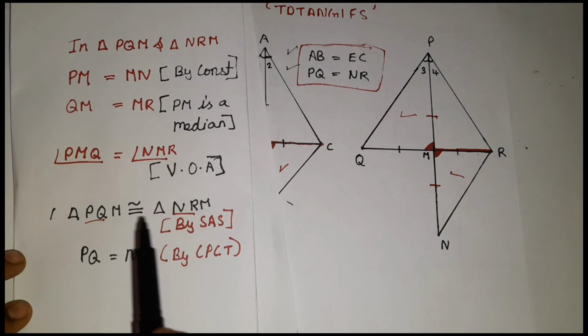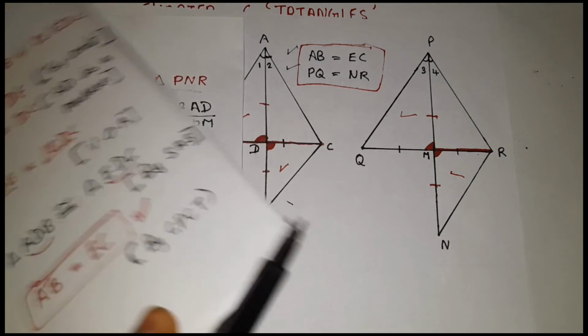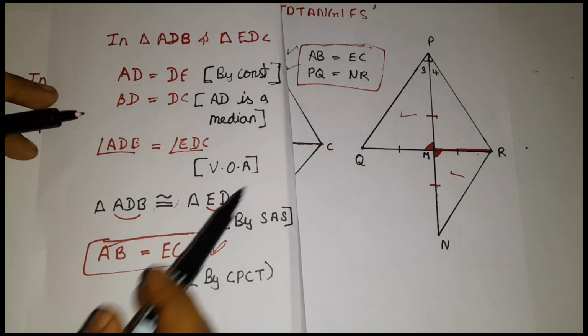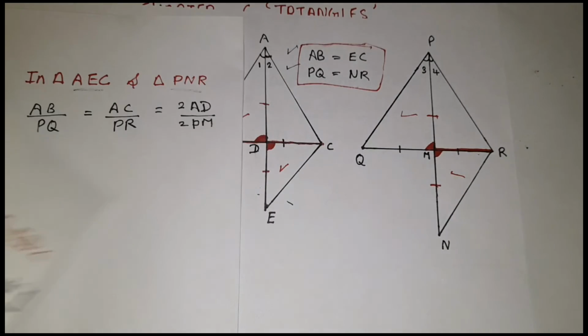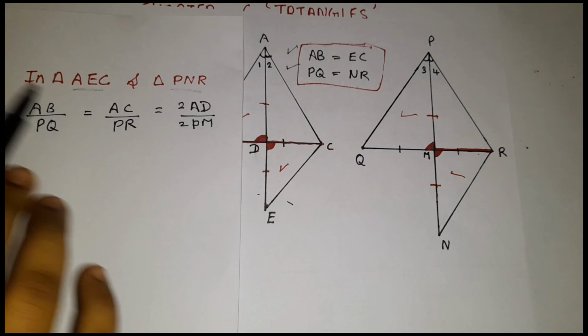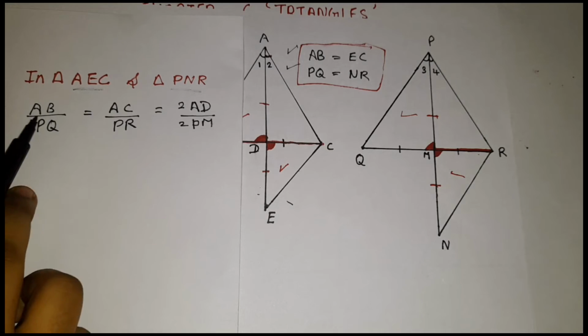Just because we proved it as congruent only, we got PQ is equal to NR. And here also, just because we proved it as congruent only, we got AB is equal to EC, like here how I wrote. So why did I prove it as congruent? Actually I proved it as congruent for this similarity, for proving AEC is similar to PNR. So instead of AB I can write EC.